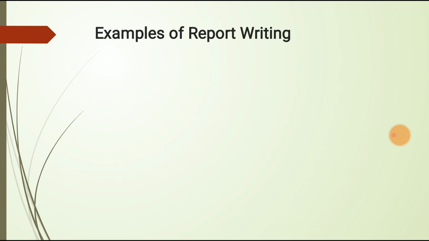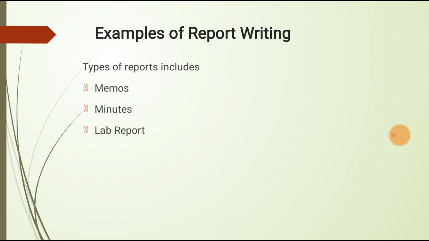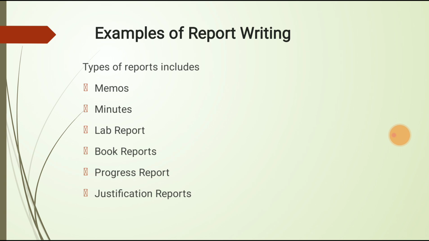So let us see a few examples for report writing. Now it can be included in memos, minutes of a meeting, lab reports, book reports, progress reports, justification reports. A few more examples could be like project reports, progress reports, technical reports.